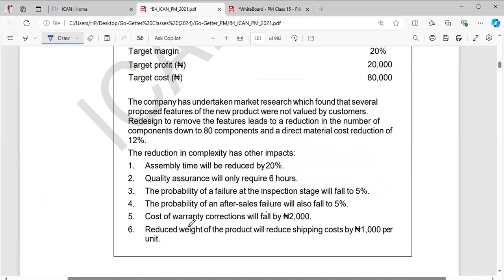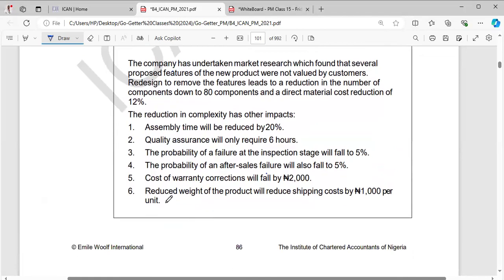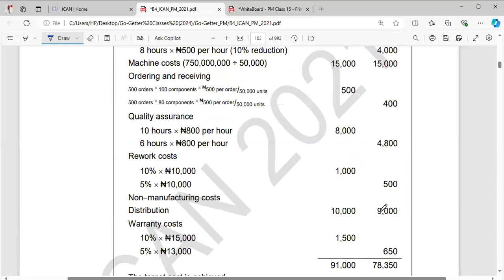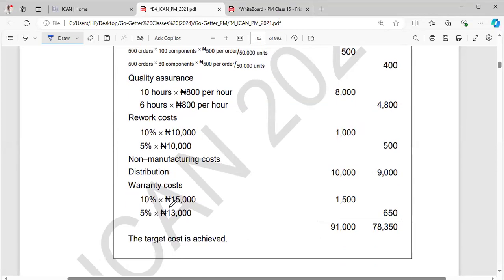Assembly time, okay. Oh, reduce weight and we reduce shipping cost by 1,000 naira. That's it. So the distribution is the shipping, reduced by 1,000, so it's 900. That's fine. Warranty cost, 10% was before, now it's 5%.